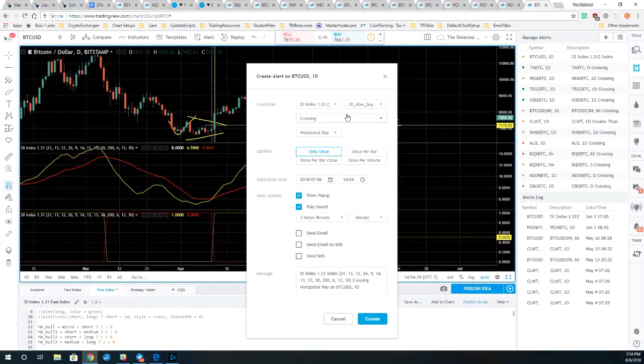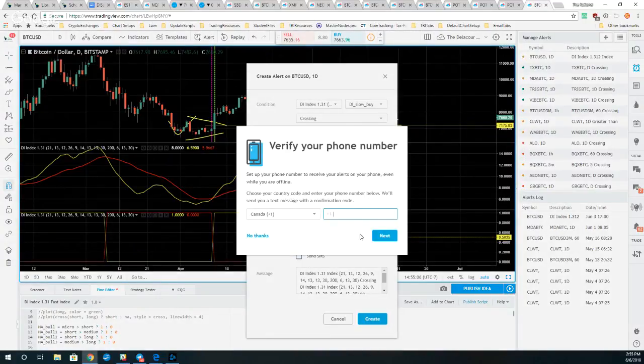So you see here, we can actually do the slow crosses the horizontal line. Here is the number. Across the slow cell. Yeah, you can even get it. It can send an email to SMS here. I'll send SMS. So you can do SMS, right? Look at that. It's even got it. You can put your phone number in.